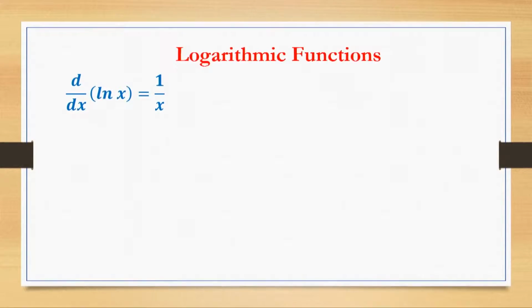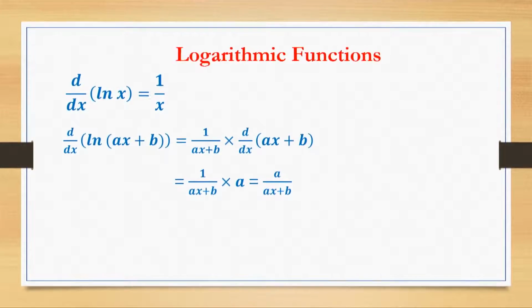So, let us start with differentiation of logarithmic functions. If I have to differentiate ln x, that is d by dx of ln x, I will obtain 1 over x. Whenever you differentiate ln x, you get 1 over x.